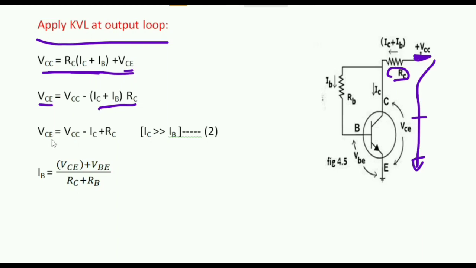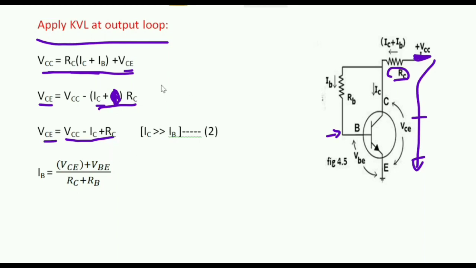We can see that here IB is very small as compared to IC. The collector current is very large and the base current is very small. IC is a huge value, so we are neglecting IB. Then the equation will be VCE equal to VCC minus IC into RC.